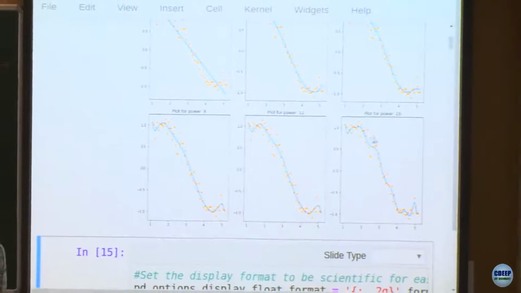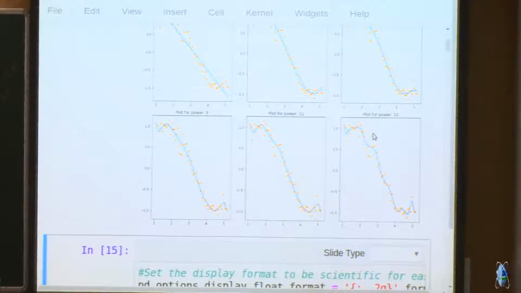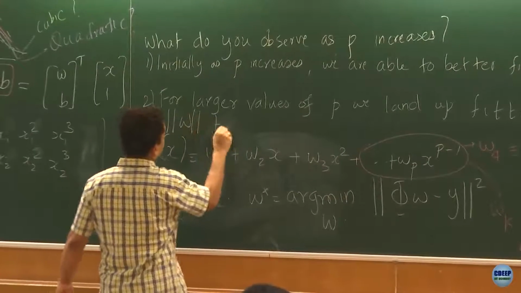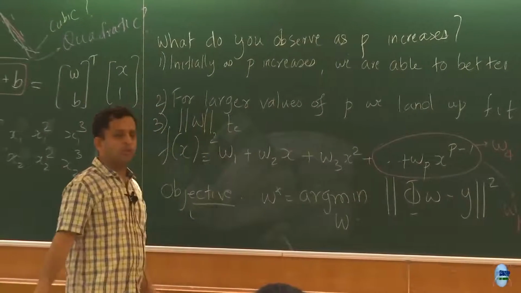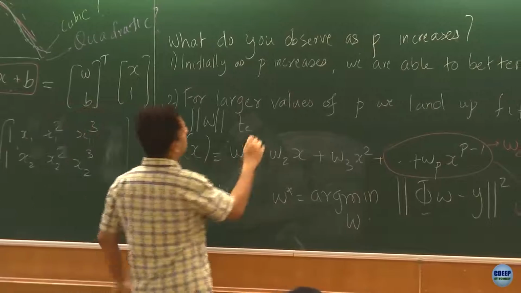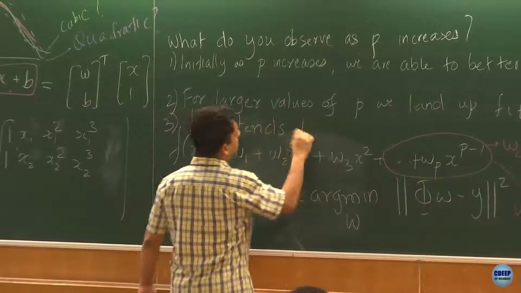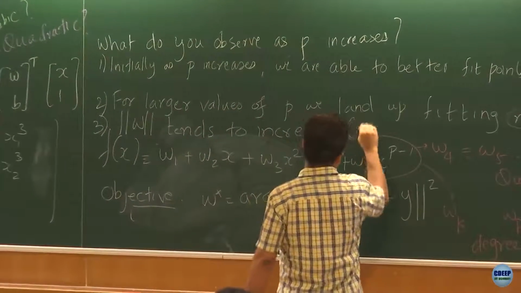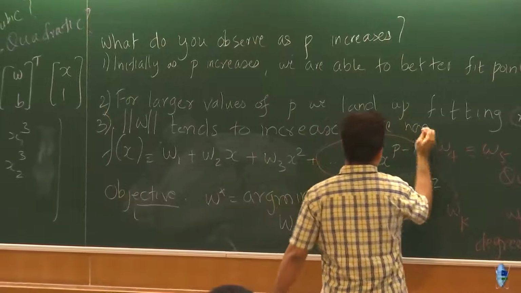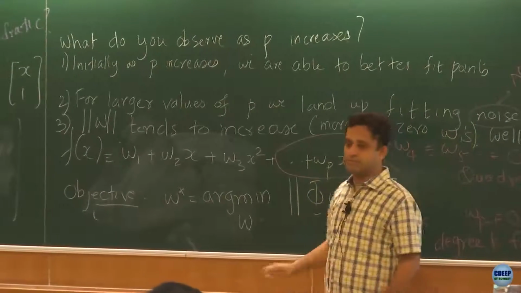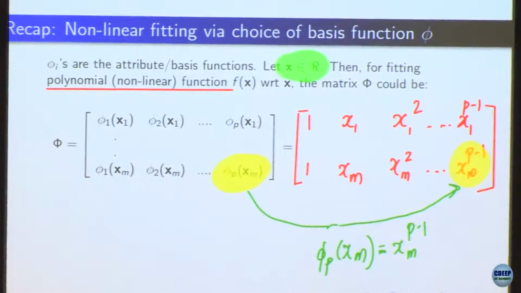What you observe is that as the degree increases, the norm of W increases. Let's refer to the 2-norm to begin with, though this can hold for other norms as well. So the norm tends to increase. Why? Because of the increasing number of non-zero W_i's. Okay, so this is what we are talking about.